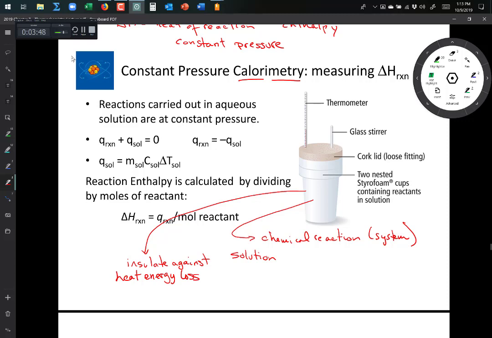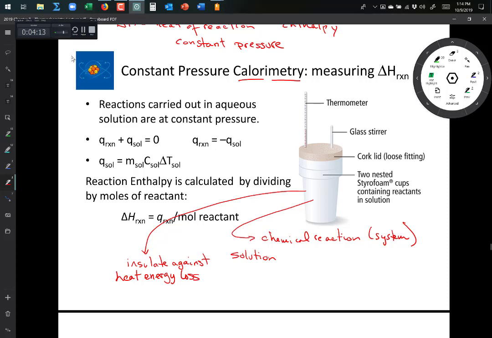But in the short time that we do the chemical reaction, it is pretty good. For about a few minutes, it's a pretty good approximation of a perfect insulator. It's not quite perfect, so we actually take that into account in the lab, like how imperfect the calorimeter is. I'll talk about that when we get ready for the lab.